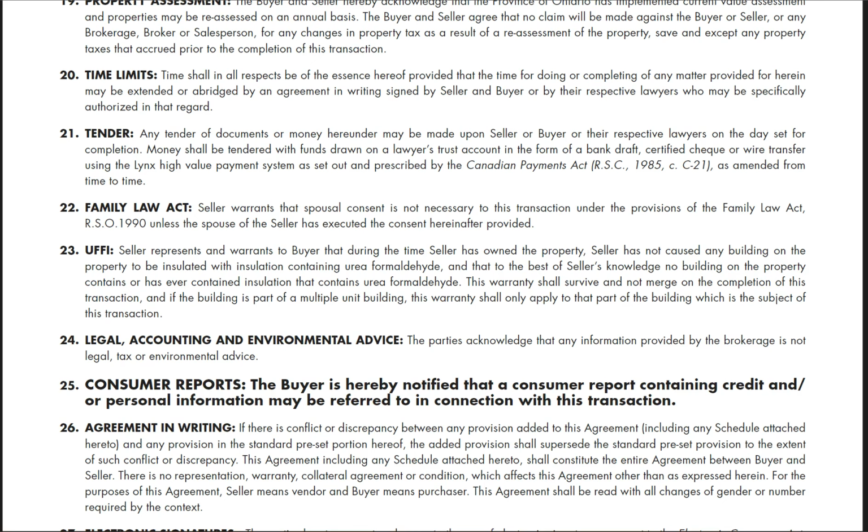This warranty survives closing, meaning that the buyer can take legal action if it turns out that UFFI was present and not disclosed. So if the sellers were aware of UFFI and not disclosing it, then that's an issue. If the property is part of a larger multi-unit building, for example, a condo or a duplex, this only applies to the unit being sold.